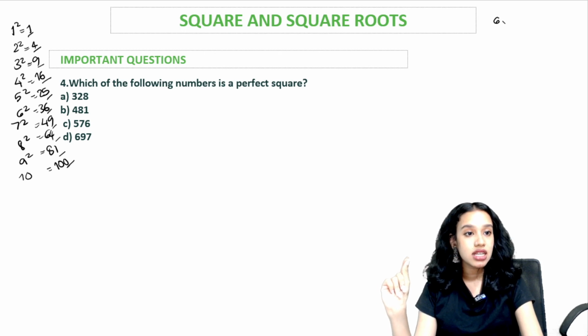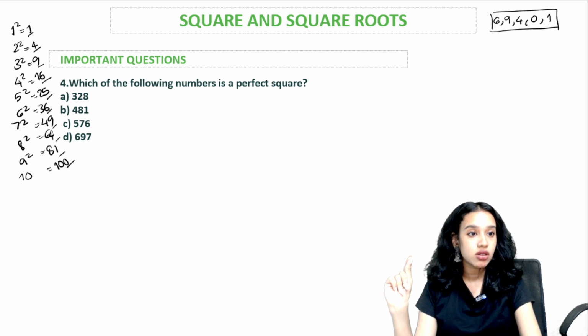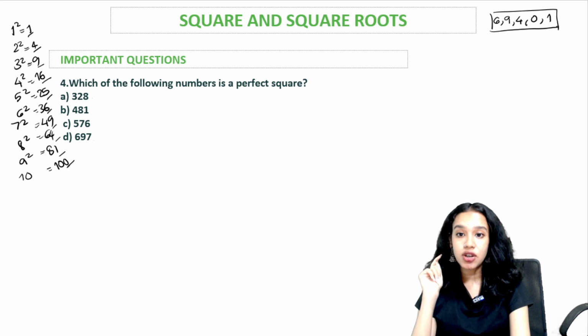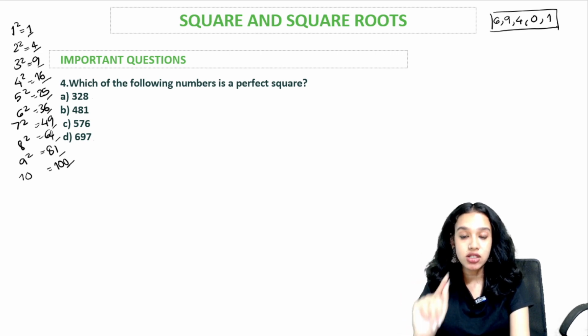So 8 and 7 cannot be seen in the unit place of any perfect square, right? So these options are already eliminated. Now we have two options. It's either 481 or 576.